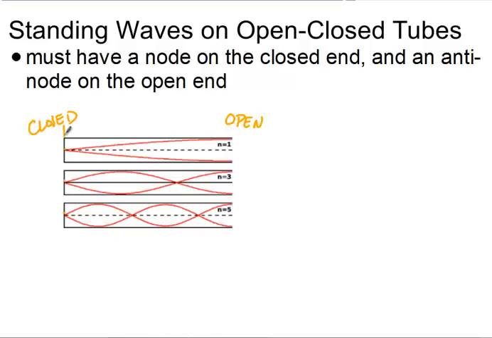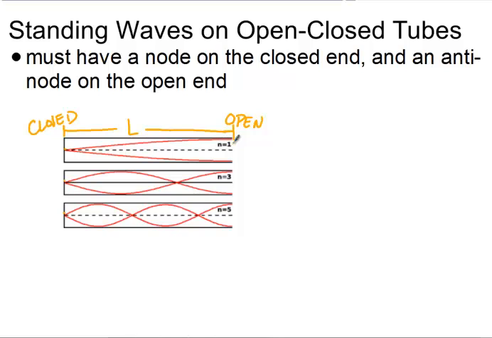And the reason it's different is because the pattern to go from node to antinode occurs every quarter wave, essentially. Okay, so in order for this to happen, you get a little bit different pattern.